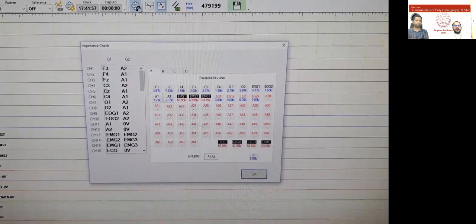After placing the EEG electrodes, we have placed the EOG electrodes, EOG1 and EOG2, and they also have a very low impedance.